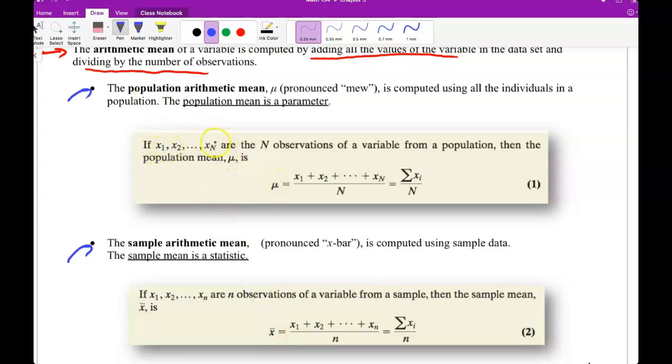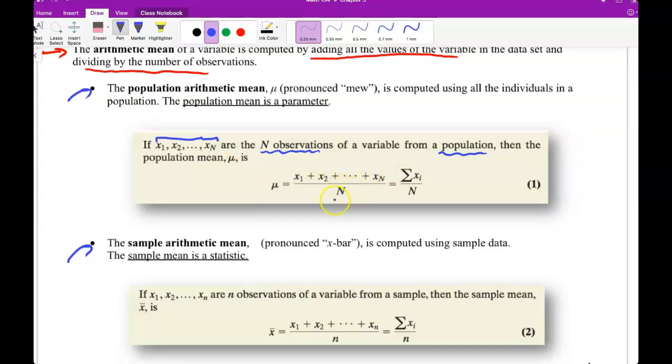Here we have all these observations, x1 up to xn. So we have n observations total, because that is xn. N observations from the population. So the population mean is adding all these observations on top, divided by the number of observations we have.